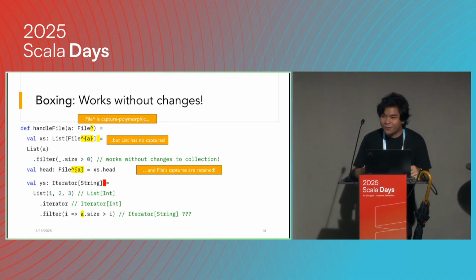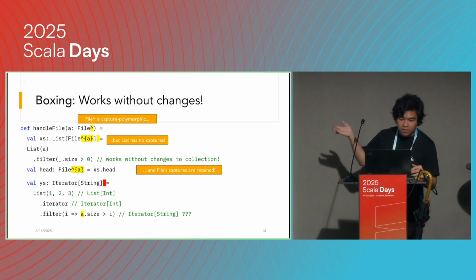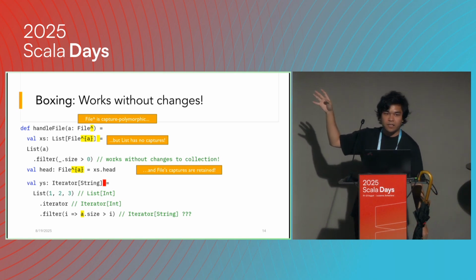Until you get into things like iterators, right? Iterators have a habit of forgetting, because we haven't told the system that our implementations actually retain things. So in this case, you start with a list, you turn it into an iterator of ints.